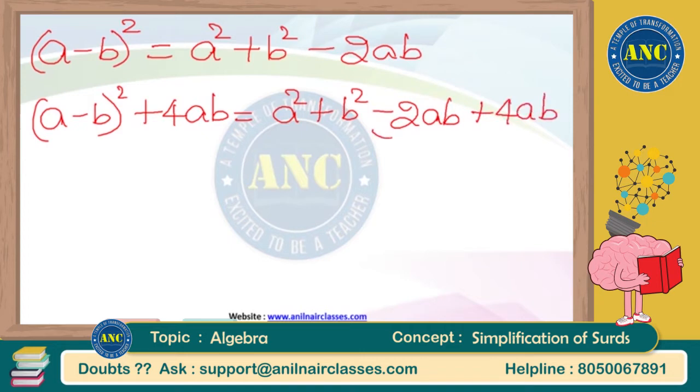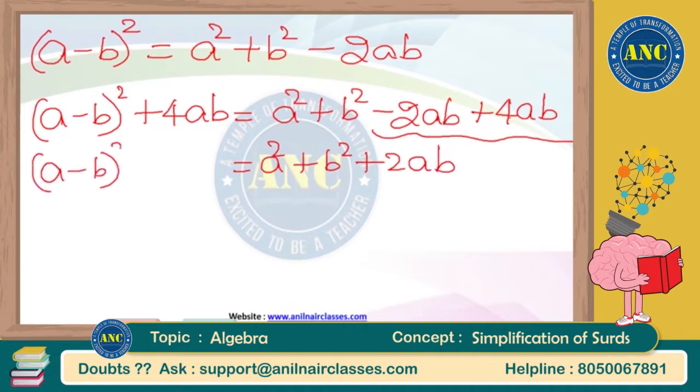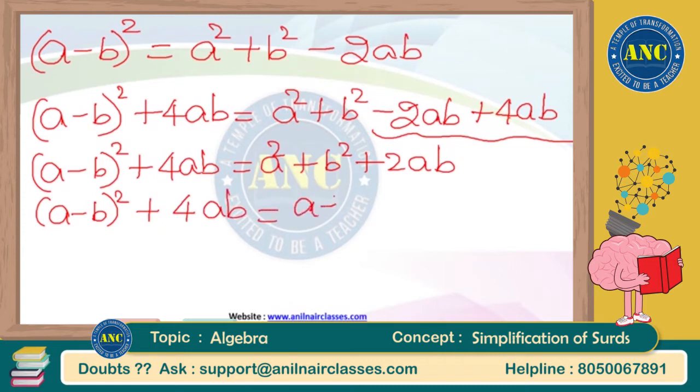Now 4ab minus 2ab is nothing but plus 2ab. Left hand side remains (a - b) whole square plus 4ab, equal to a square plus b square plus 2ab, and the right hand side becomes (a + b) whole square.